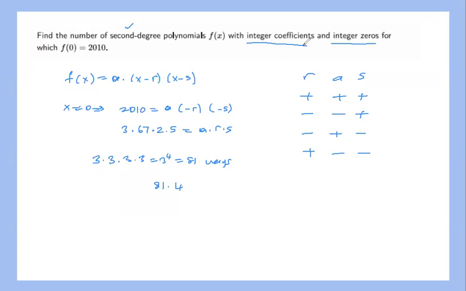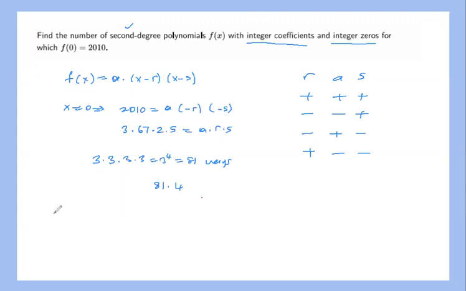But we have to be careful as well, because when you choose the numbers, you can swap those and get the same polynomial. So when you swap two roots, let's say r and s, 2 and 5, x minus 2 and x minus 5, which will determine a immediately. But if you swap those, you actually get the same polynomial. So we have to think about that as well. Also, some of these roots are the same.